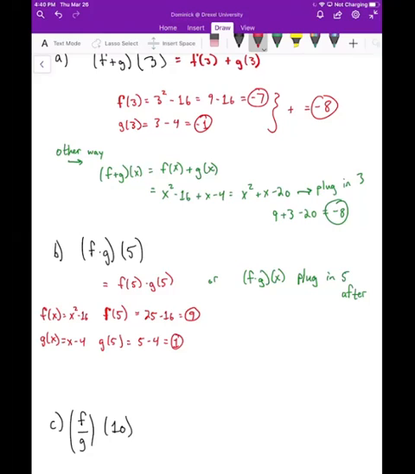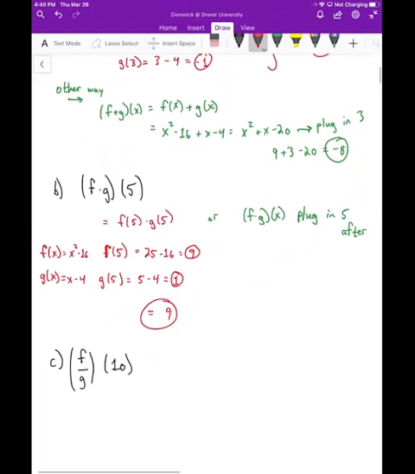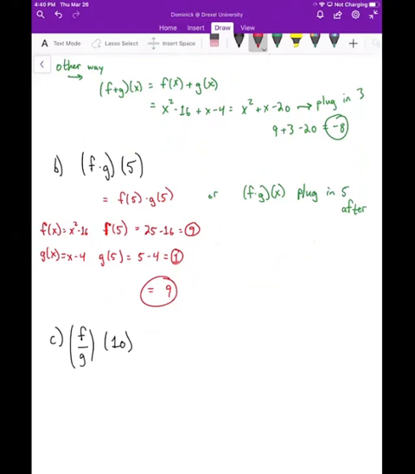So if we multiply those together, we of course get 9. And of course, you could verify that if you were to do it the other way, you would also get 9. We won't do it here just for time's sake, but you can and should verify that that will also give you 9.